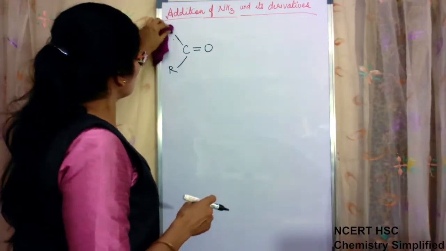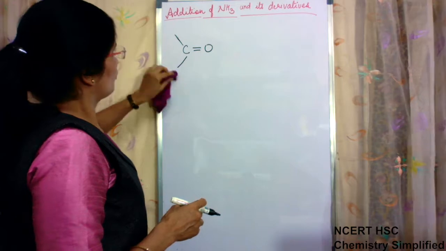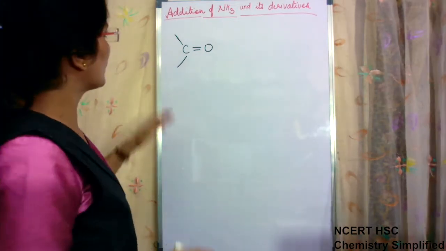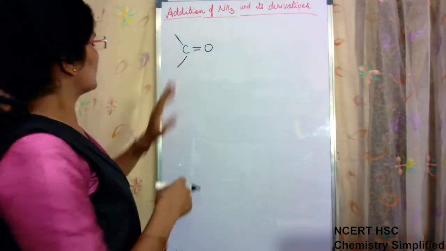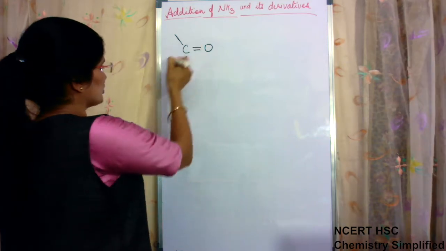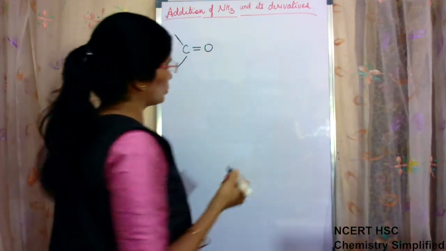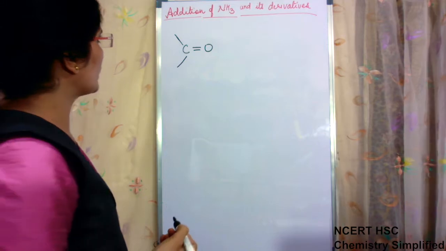So for addition of ammonia and its derivatives, we are writing simply carbon with its 2 bonds and 1 bond with O to show the carbonyl carbon.